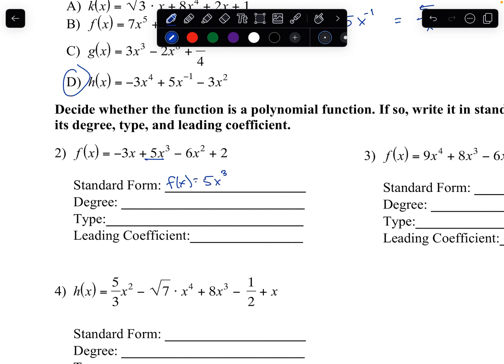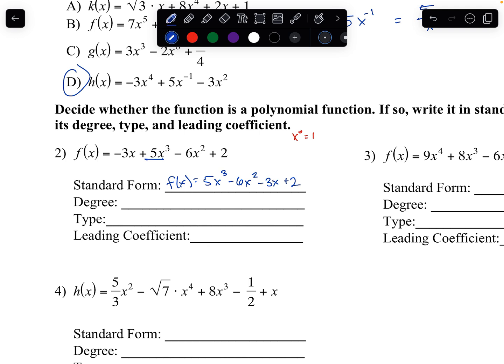And then it's going to be negative 6x squared, then minus 3x, and then plus 2. So you can see this is to the power 3, 2, 1, and this one doesn't have an x term. That just simply means that it's x to the 0 power, and x to the 0 power is equal to 1. But we don't write it because it's being multiplied by 2.